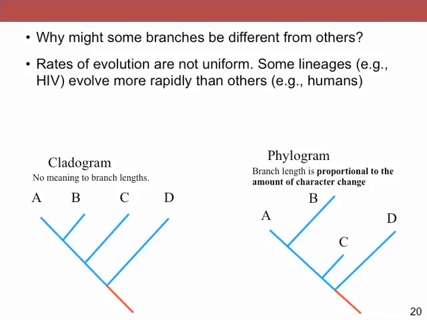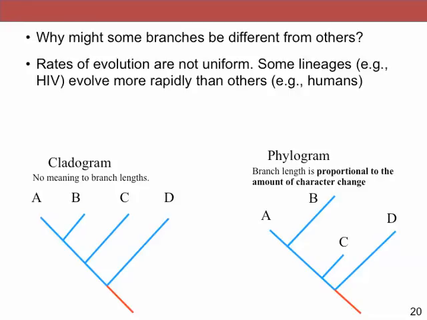If an organism has a very high mutation rate like HIV, changes in its branch are to be expected. They are not to be penalized. Whereas changes in the human lineage are less likely, and therefore maybe we should penalize them. So phylogenetic reconstruction methods also try to account for this difference in the rates of evolution in different lineages.